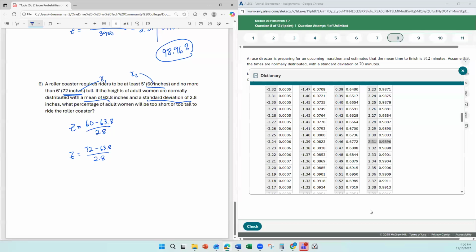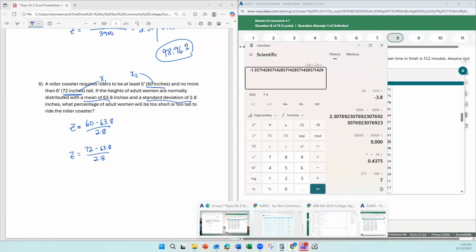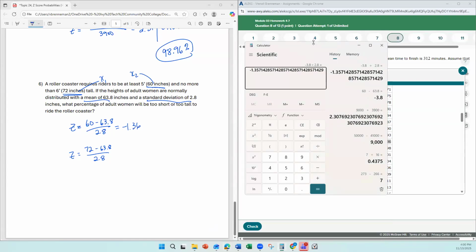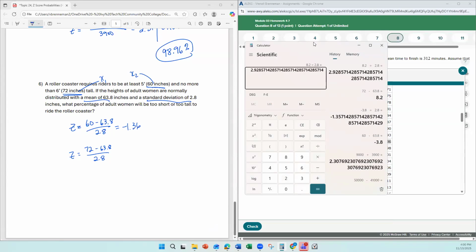So let me do those calculations. 60 minus 63.8 divided by 2.8 equals negative 1.36. And then 72 minus 63.8 equals 8.2, and divided by 2.8, 2.93. So those are my z-scores.